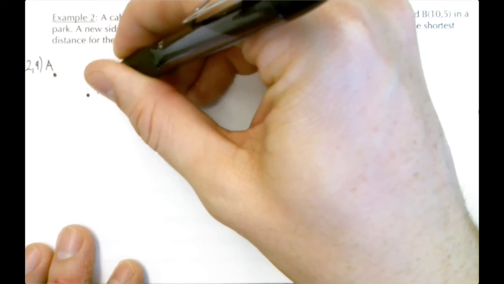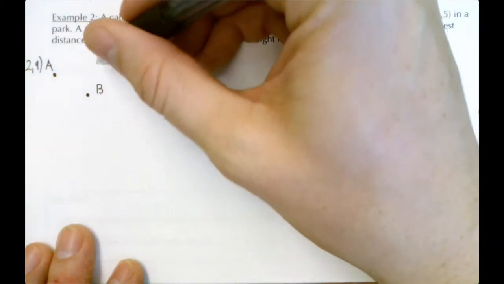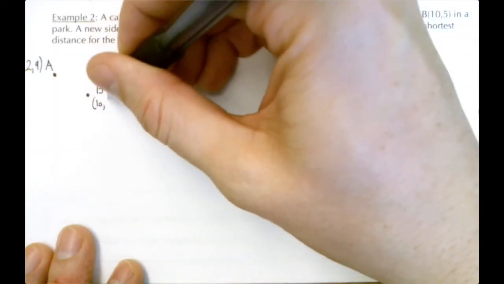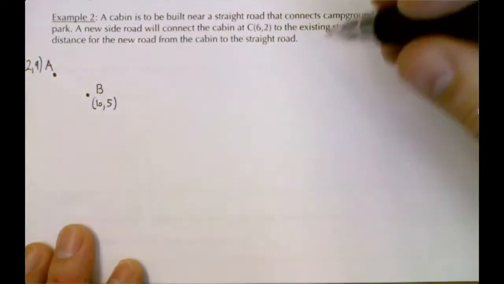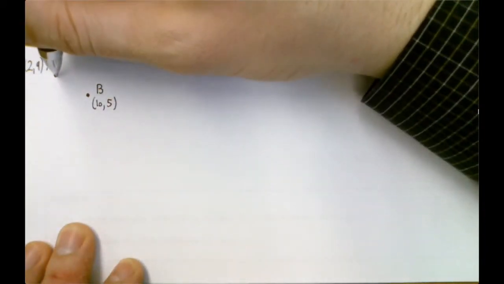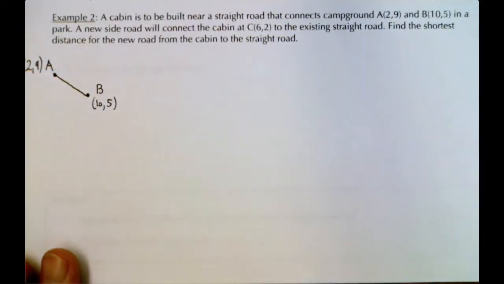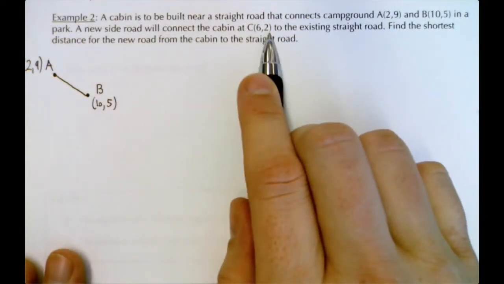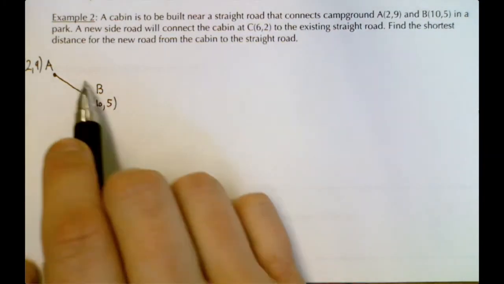B, and that would be 10, 5. So here's our road. There's another cabin C at 6, 2. 6 is between 2 and 10, and 2 is even lower. So I'm going to put that right here. Call this C.